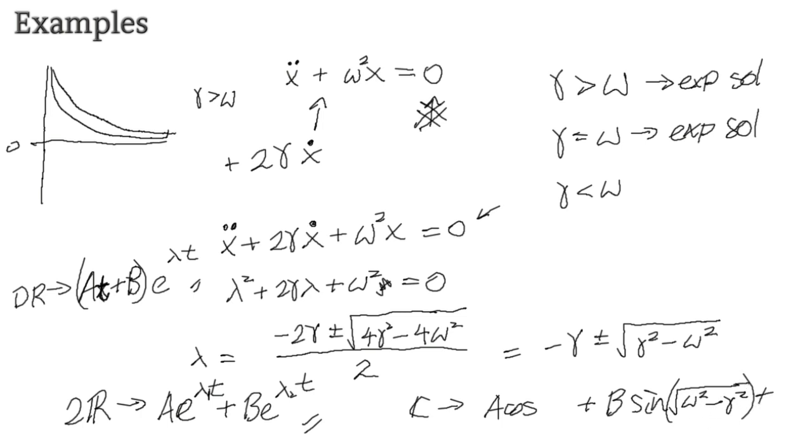Remember your t as well. So that would be your general solution, plus, of course, the exponent term e to the minus gamma t all multiplied. So by far this gives us the most interesting and complicated general solution.